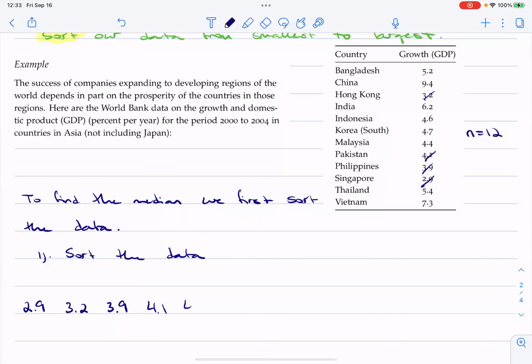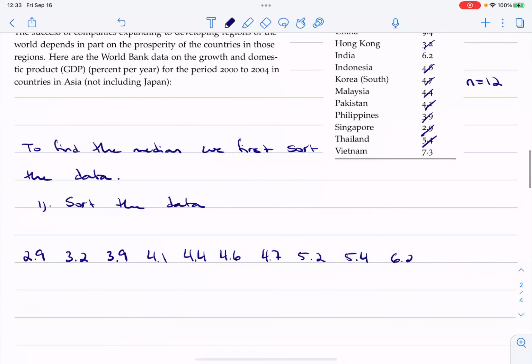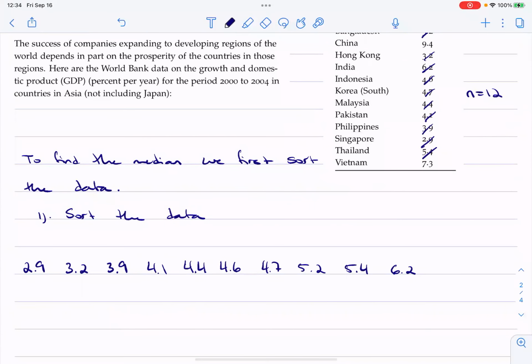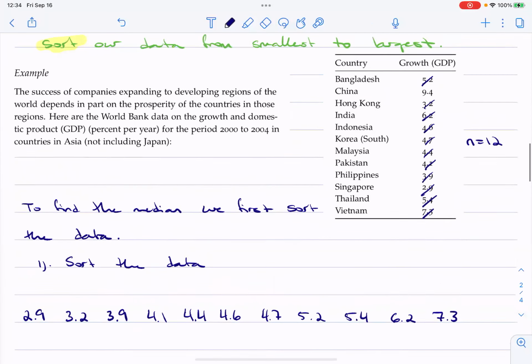Should do them properly. 4.4, 4.6, 4.7, 5.2, 5.4, 6.2, 7.3, not sure what happened there, but that's okay. And 9.4.